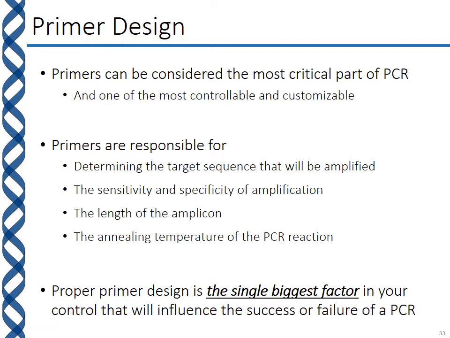The forward and reverse primers will bind to their specific locations and amplify the sequence in between the two primers. The primers also determine the sensitivity and specificity of the amplification reaction, the length of the amplicon based on where those primers bound, and also the annealing temperature of the PCR reaction.